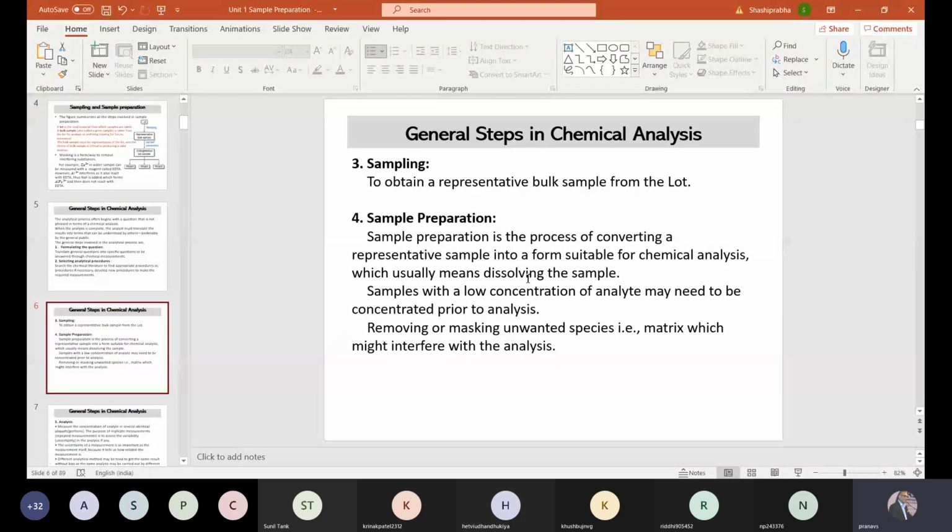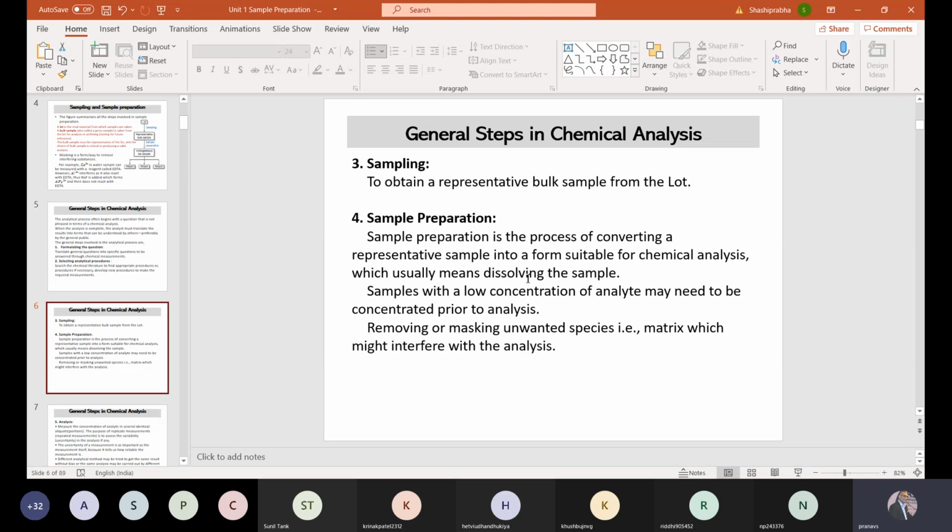See, that sample which was given to you, it cannot be used directly as such. It cannot be used directly because you need to ascertain when you go to analyze A, B in a given sample, you need to find out whether the C, D, E, F, which are also present, should not interfere with the analyte of interest.